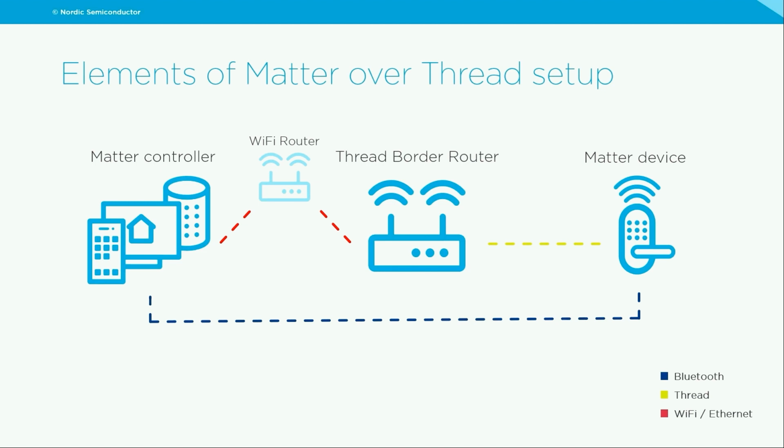Bear in mind that this is one of the possible and maybe the most common setups. However, you may think of collapsed cases where a controller, Thread border router, and Wi-Fi router are all in the same device. Okay, Damian, stage is yours.